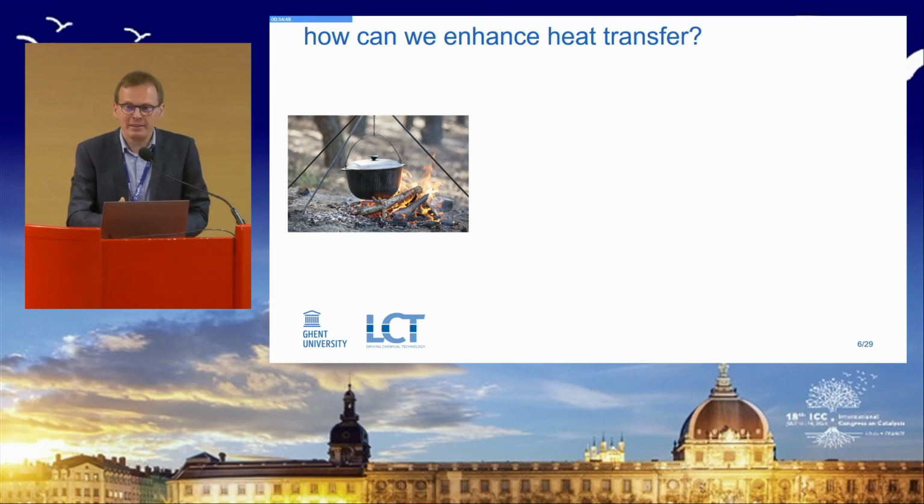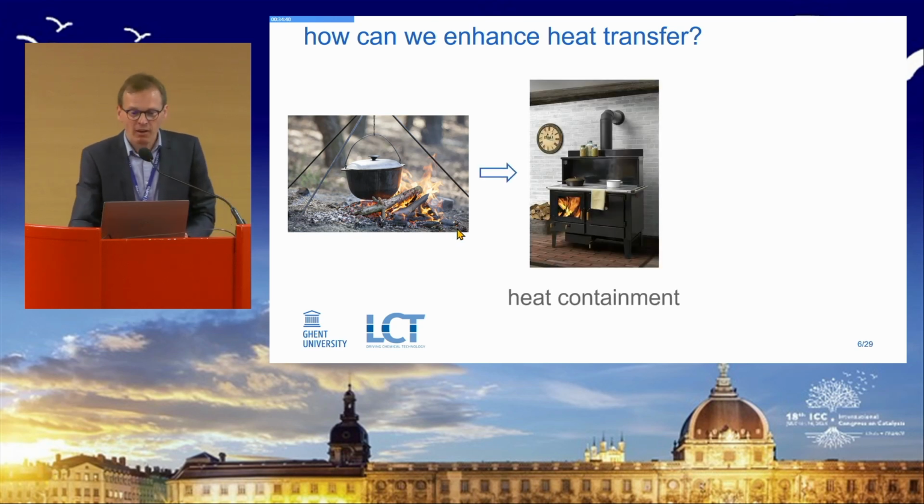But you can see that this is far from the most efficient way of getting the heat of the fire into the food to cook it. A first improvement is building a furnace around the heat such that you can better contain it and direct it to the place where you need it. But still, you see the chimney here, a lot of heat is getting lost through the chimney.